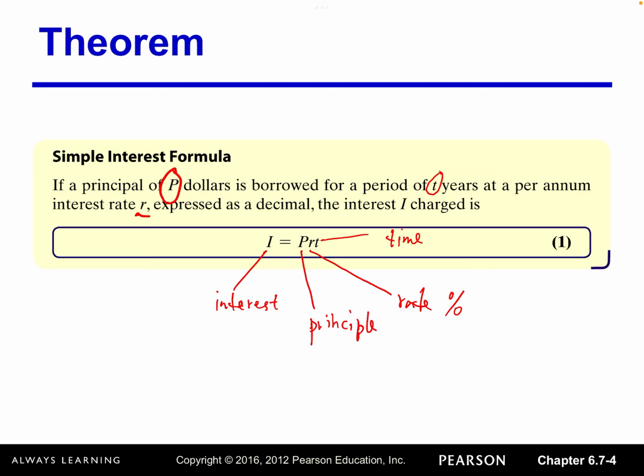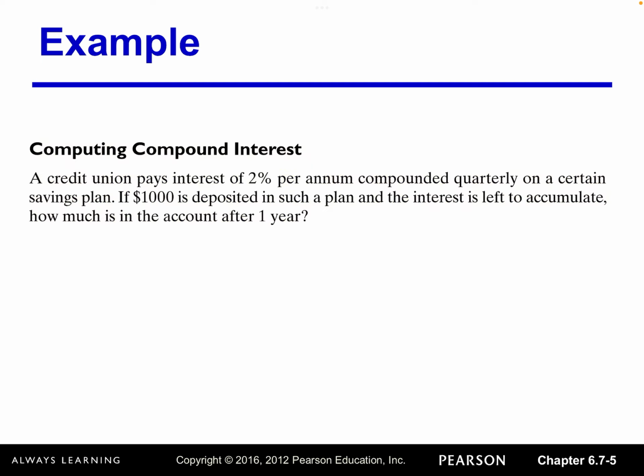The unit must be in years. So I equals P times R times T. All right, now let's look at the example.